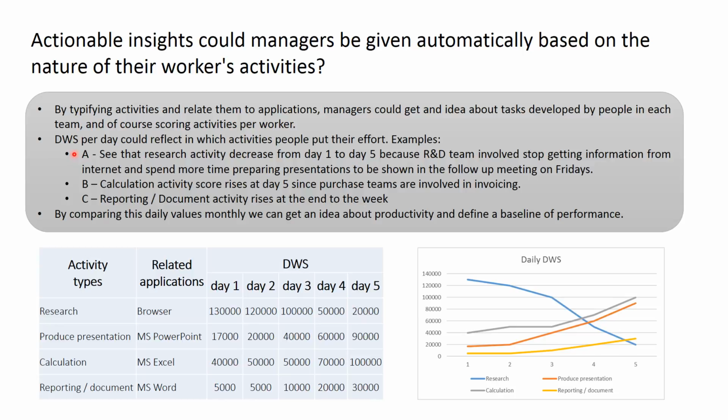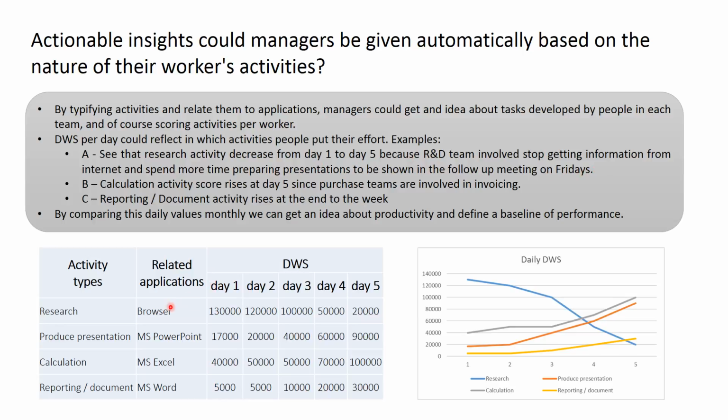In example A, we can see that research activity decreased from day 1 to day 5. We can guess that the research and development team stopped getting information from the internet and spent more time preparing a presentation to be shown in the follow-up meeting on Fridays.